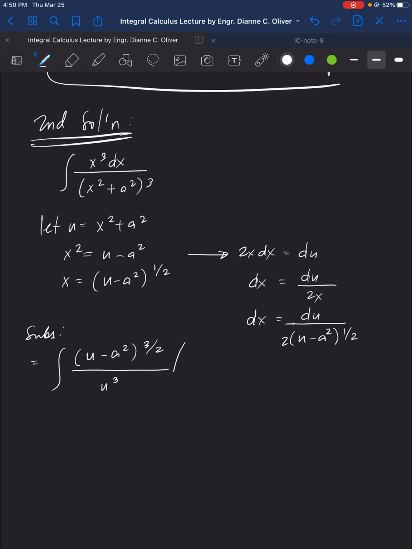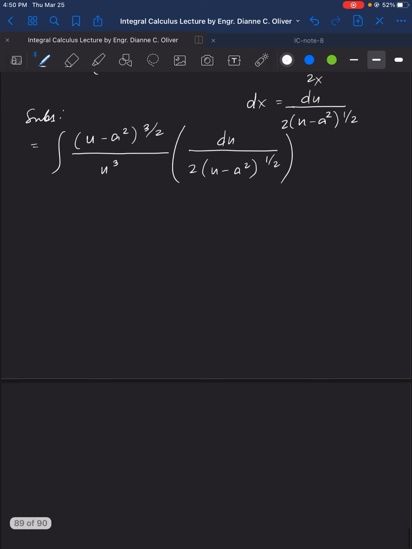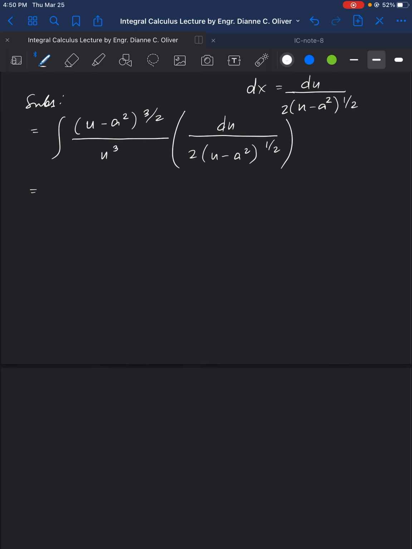Then for the dx, we have du all over 2 times u minus a squared raised to 1/2. Okay. So again, you can see here, exponent, same base. So what happens? 3 over 2 minus 1/2 becomes 2 over 2. So that is equal to 1.